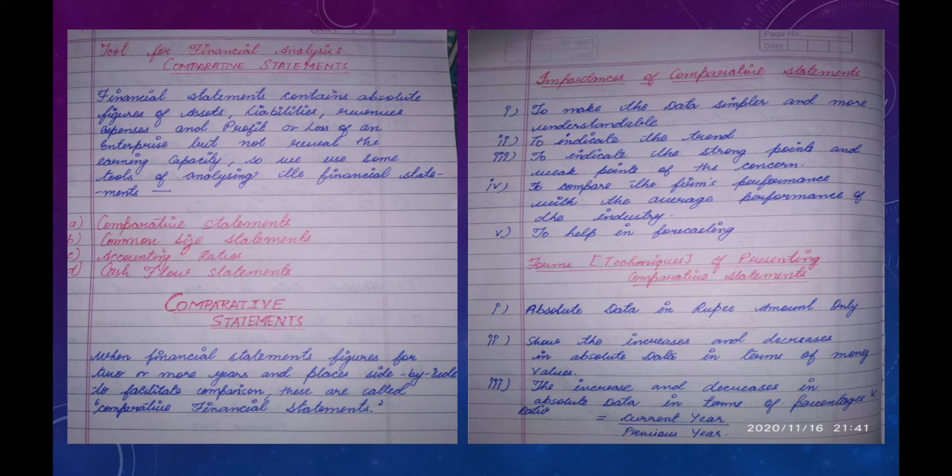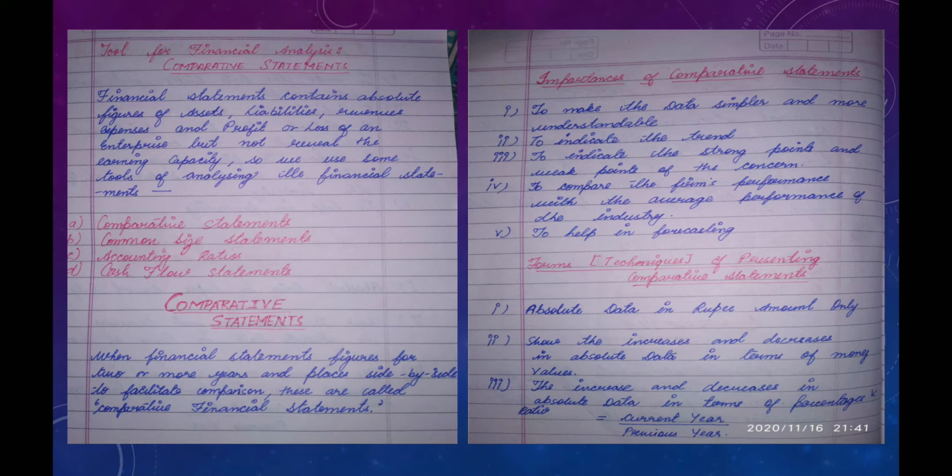It shows how the figures are changing, how production and revenue are changing, etc. It indicates the strong and weak points of the company. It helps in finding the weak points and the strongest points of the company, finding out the reason for the weakness of the concern, and helps in taking corrective measures.